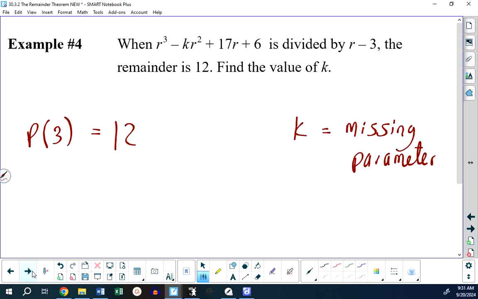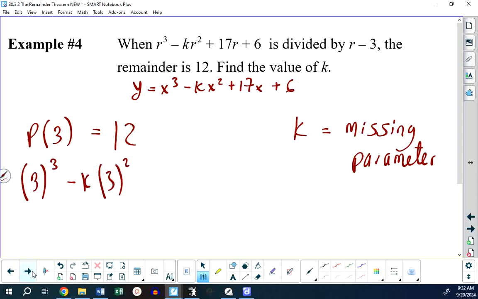If you want, you can just imagine it that way, and we have a missing parameter, so you need to put in an x and a y. Well, x is the value of a, y is the remainder. But once again, we're just saying when you put 3 in for r, you have to get the remainder. That's what the remainder theorem says. But you're told that the remainder is 12.